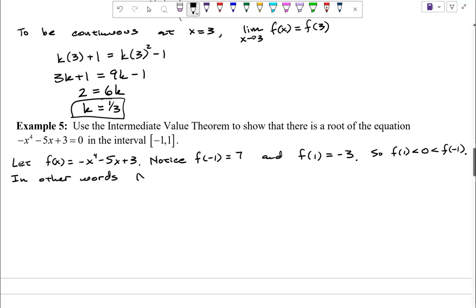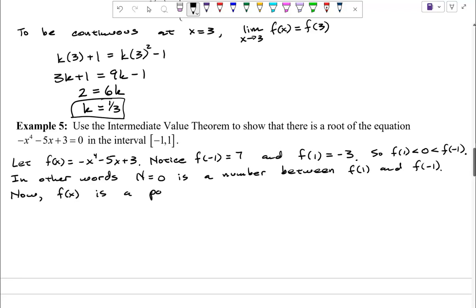In other words, n equals 0 is a number between f of 1 and f of -1. Now, f of x is a polynomial, and polynomials are continuous everywhere.